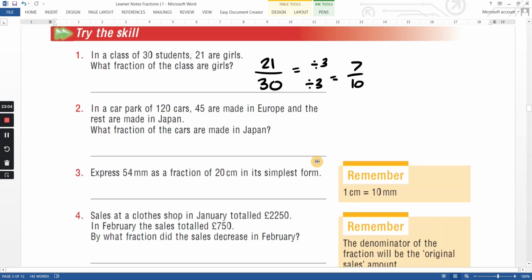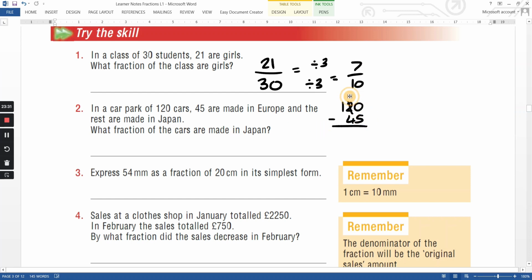In a car park of 120 cars, 45 are made in Europe and the rest are made in Japan. What fraction of the cars are made in Japan? So first I'm going to have to do 120 take away 45, because this will give me how many cars are made in Japan, sorry.